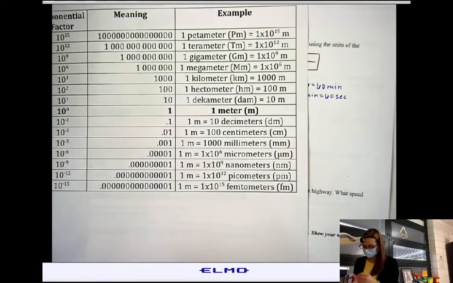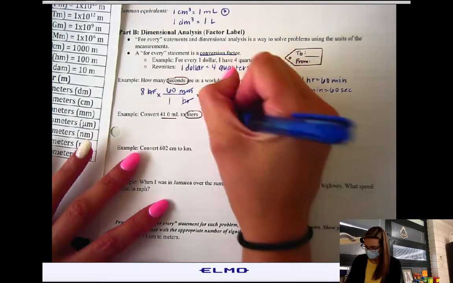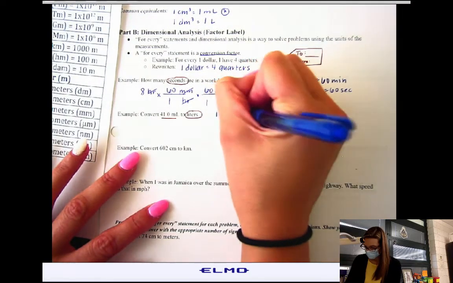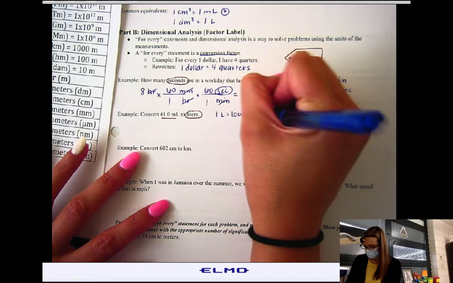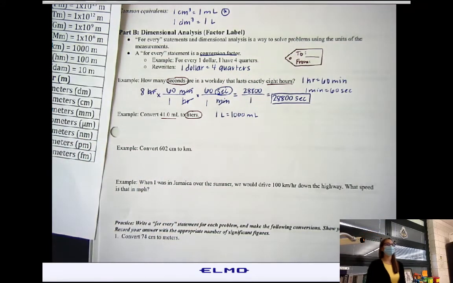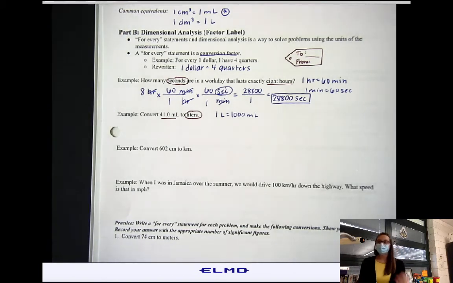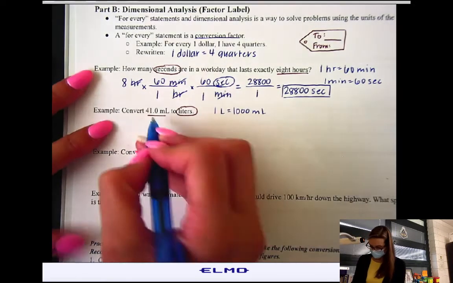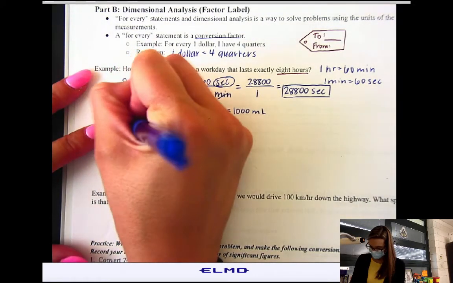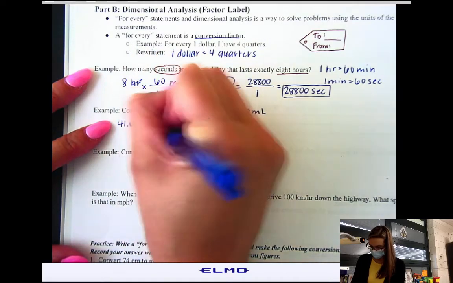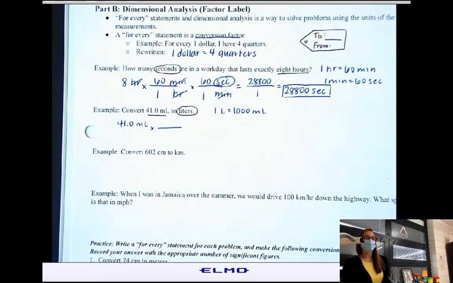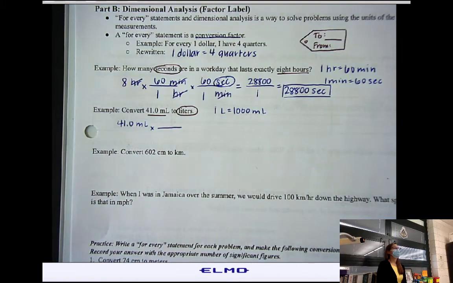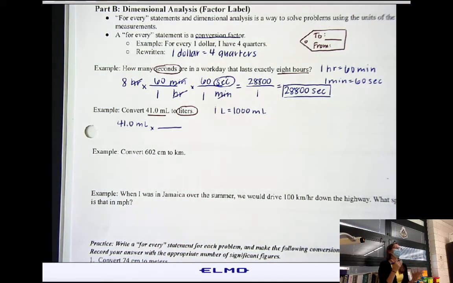So let's write that off to the side. 1 liter is 1,000 milliliters. There's our conversion factor. And now we can set this up like we did before. Start with our given information, 41.0 milliliters. This we can do in one step because the conversion factor is already milliliters to liters.